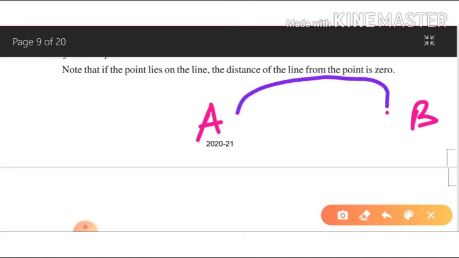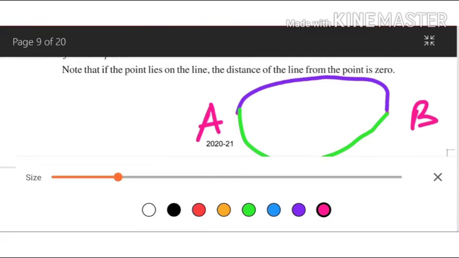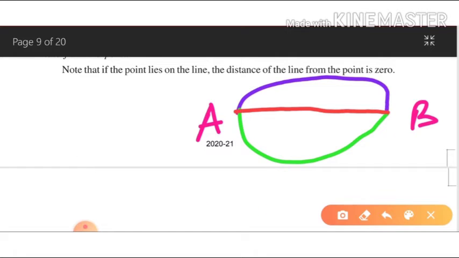Like this you can join, then you can join this way also. There are many ways, but if you draw a perpendicular line here, then this distance will be the shortest distance actually. Okay, the perpendicular distance between any two points is the shortest distance between the points.